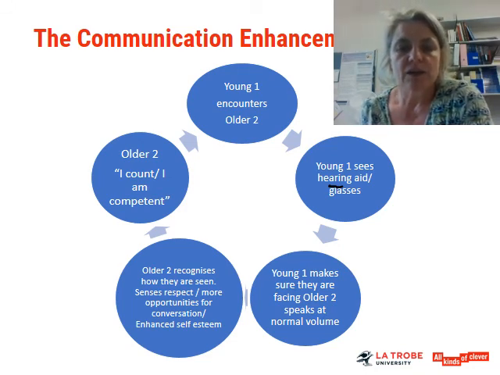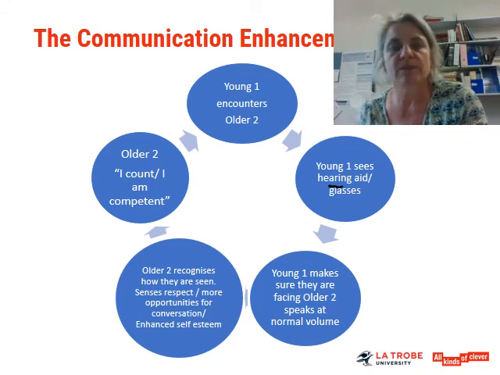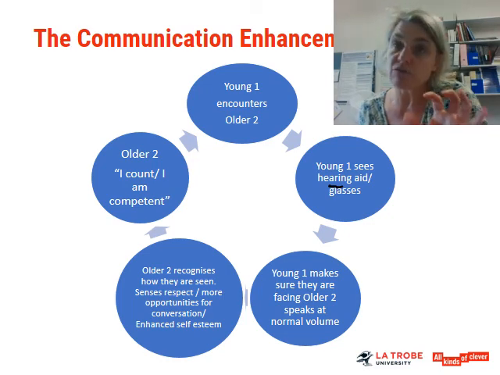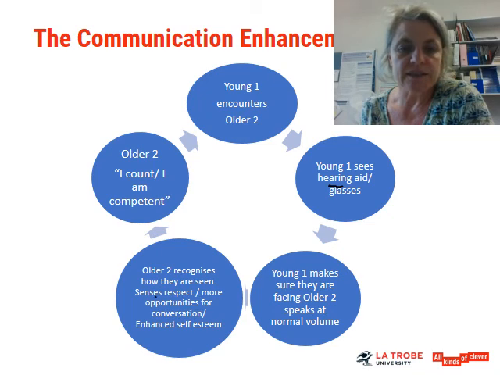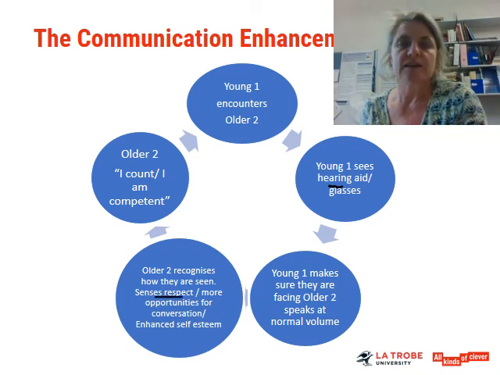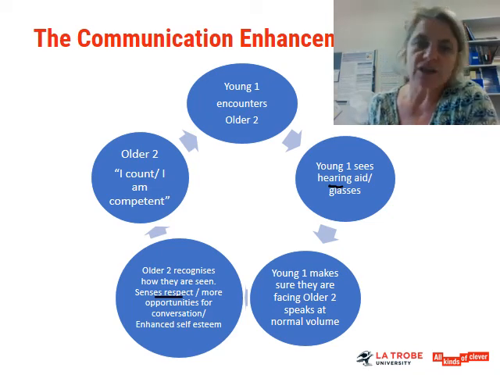And then as a consequence, the older person recognises how they're seen, and they recognise they're being treated as an adult. It enhances their sense of respect. That is a person that they'd want to communicate more with, so you can have more opportunities for conversation, and it generally enhances people's self-esteem.